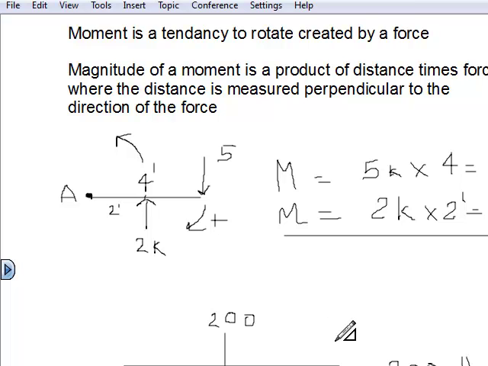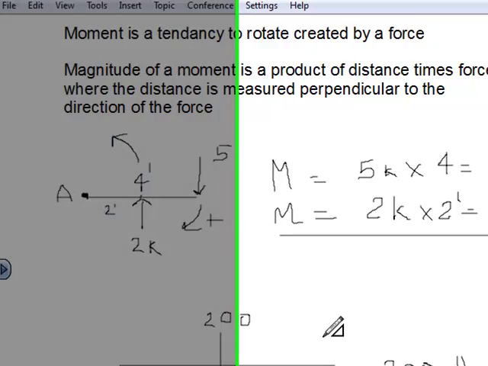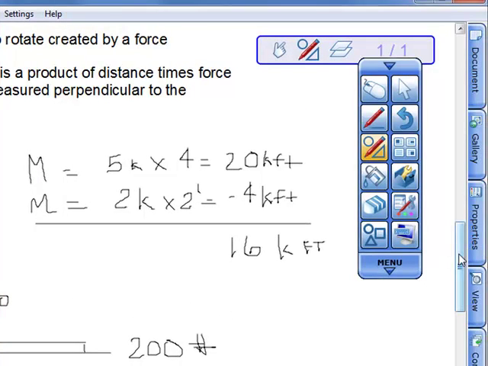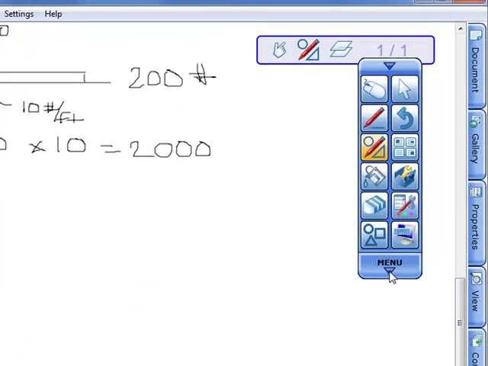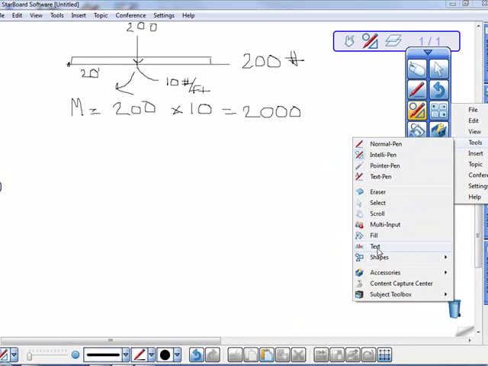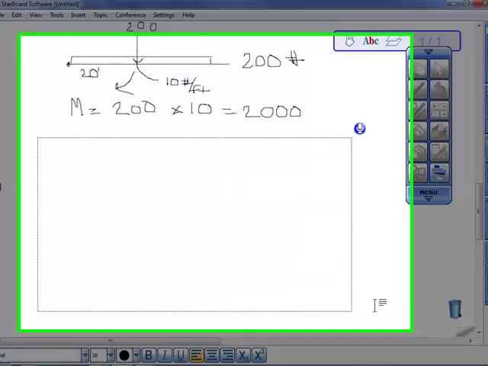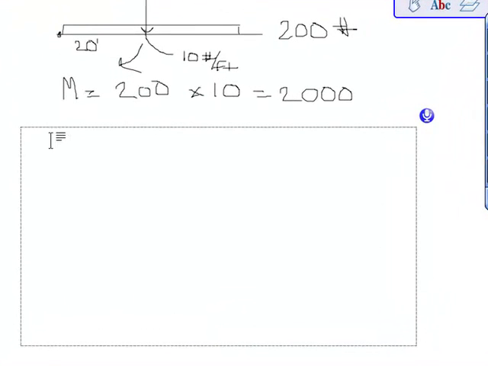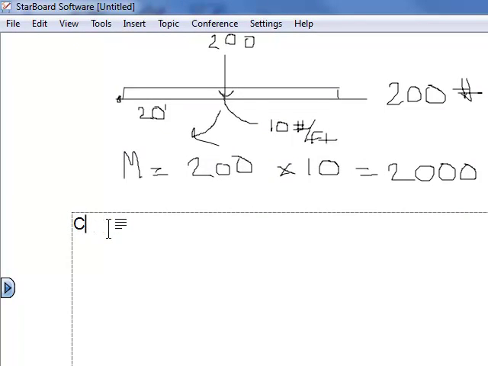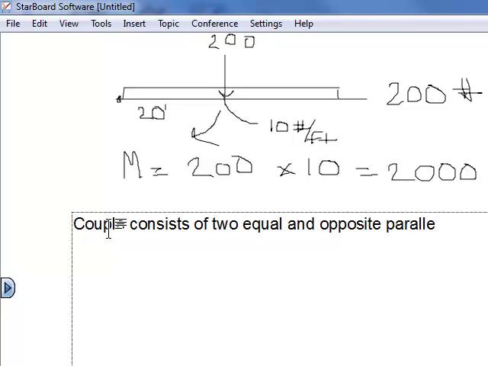We didn't spend a lot of time on it, but a couple consists of 2 equal and opposite parallel forces. And they gave you the example in the book, like of a steering wheel.